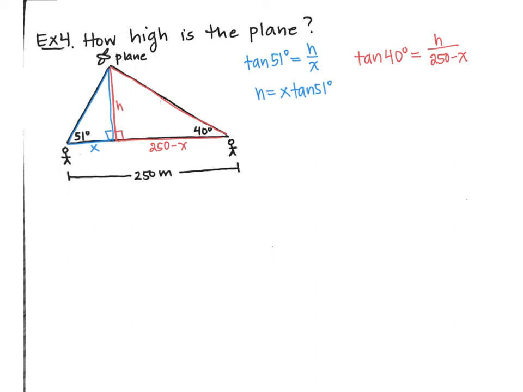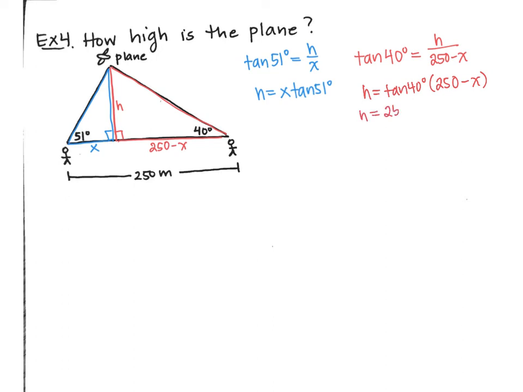Now I could substitute this into the other equation, but I think I'm going to make the other equation look a little nicer first. I'm going to multiply this over to here. You might want to distribute when you're writing it, because you could. Tangent 40 degrees times 250.